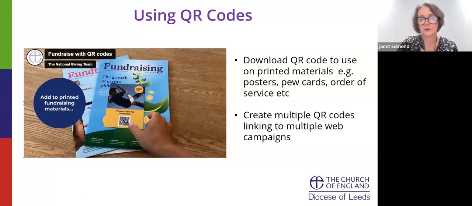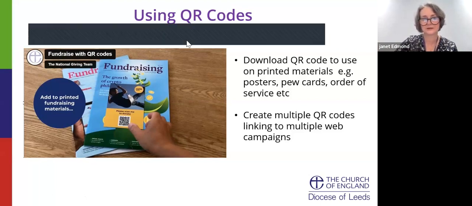So you could have a couple of campaigns going on at the same time, and in your church you would have different QR codes for each campaign. You could have a poster for your roof campaign and a poster for general giving. So the key thing is that Give a Little allows you to create lots of different campaigns.